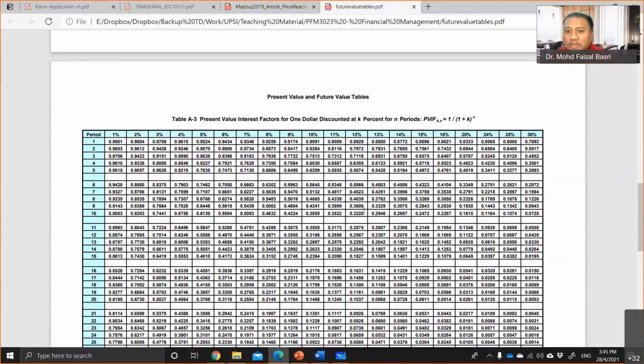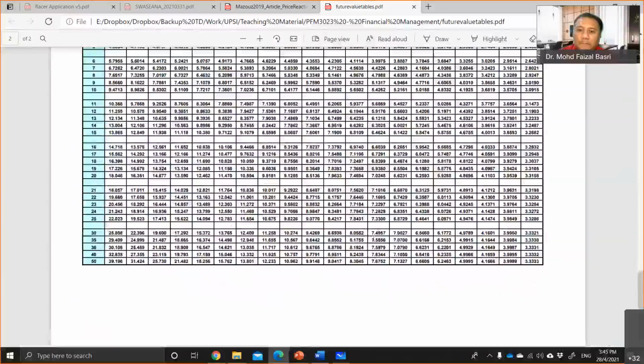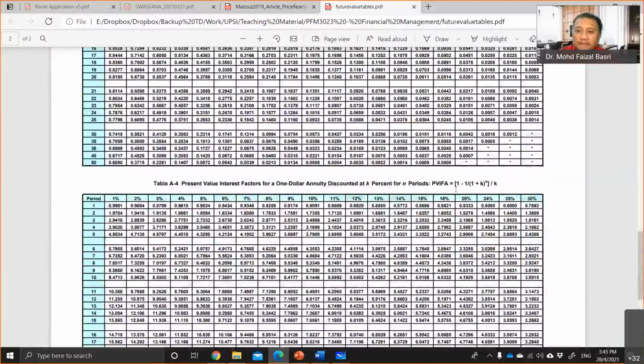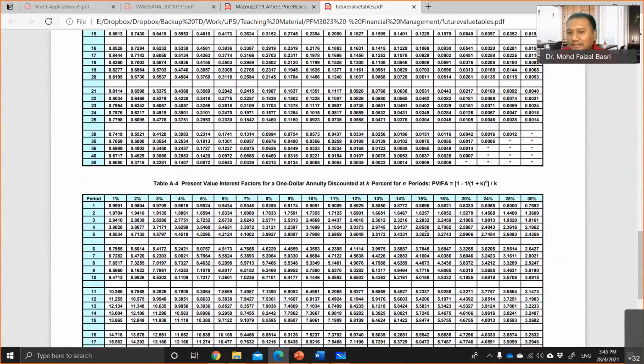But on top of the table, we have a formula for how to calculate PVIF and also PVIFA. So unfortunately, we're going to use this formula in our PVIFA and PVIF brackets.